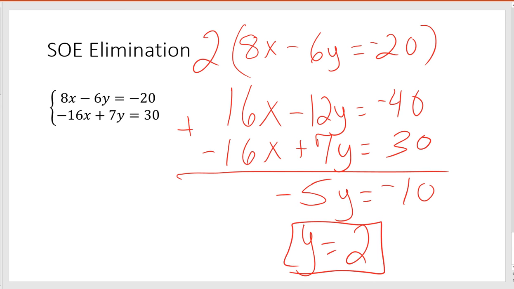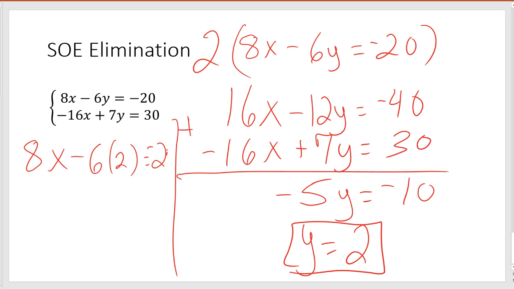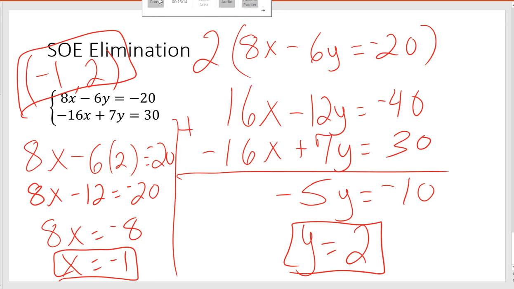Once we know y equals 2, I can find x by plugging it into either equation. I'll plug it into that top equation. 8x minus 6 times 2 equals negative 20. And I'll save you guys the work. There you go. We isolate x and we get x equals negative 1. So we have an ordered pair of negative 1, 2.